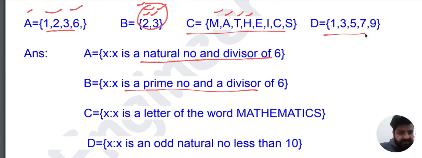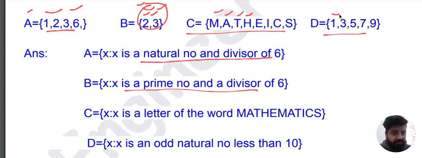As you can see, these are natural numbers less than 10. If we consider the first element, 1, it is not a prime, so we can't say this is a set of prime numbers.